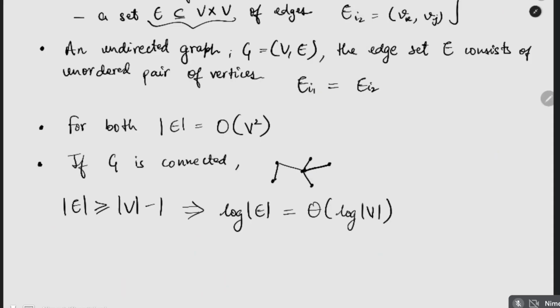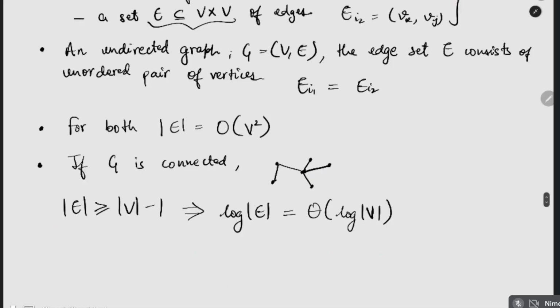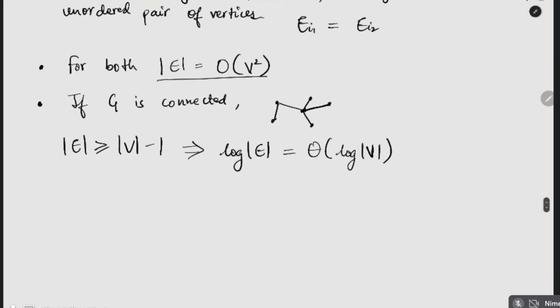Like in the logarithm space, it's similar, because if we take log of this, then it becomes O of 2 log V on the right hand side, and this we do not write usually. But again, this property is what is important.